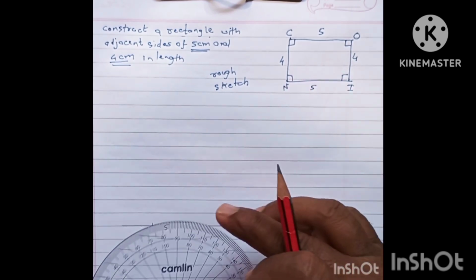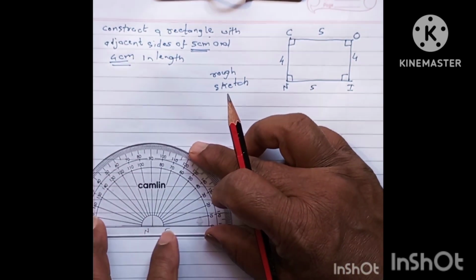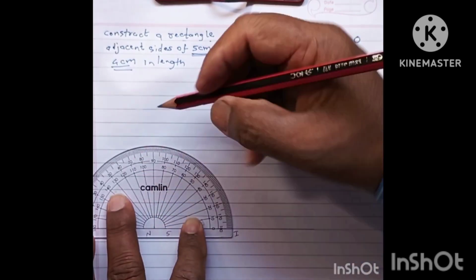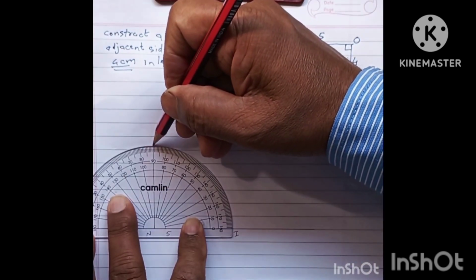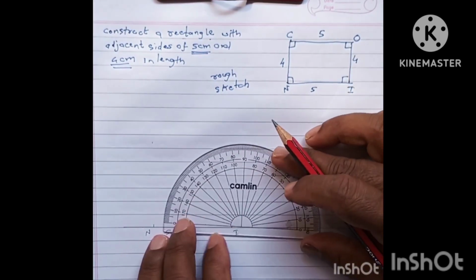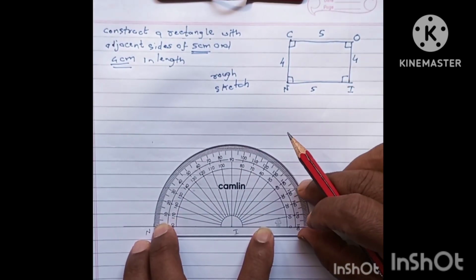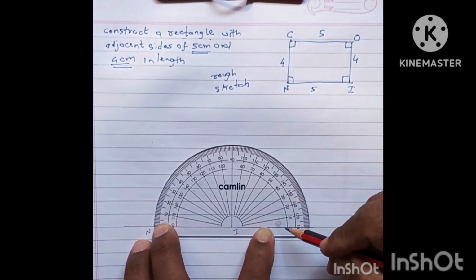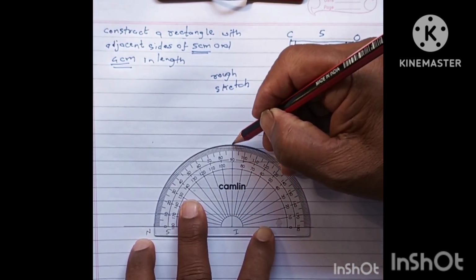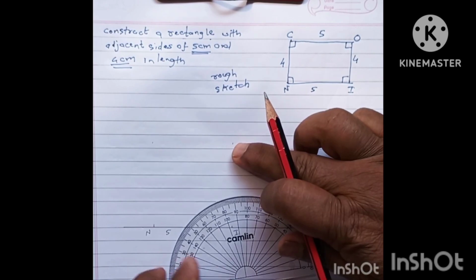See, now this will be 90, so I am taking 90. For this purpose you need that line on the left hand side, because you also see that it matches with the line of the protractor, and the 90 point also matches. Even here the line and this point on both sides must be the same as on the protractor, and mark this 90.